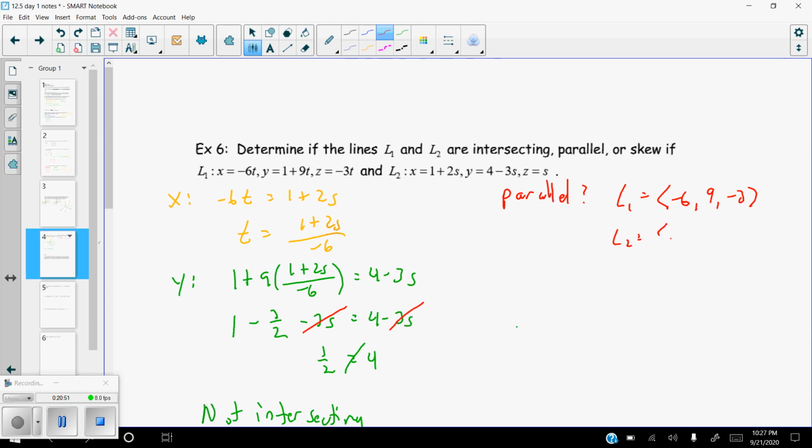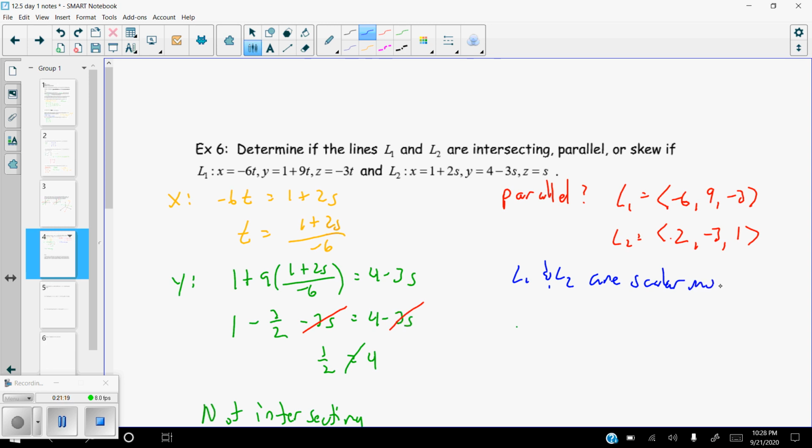Line 2 has the vector (2, -3, 1). And you might look at that and say, well, they're not the same, but technically they are. Because in order for two things to be parallel, they have to be scalar multiples of each other. And in this case, L1 and L2 are scalar multiples.